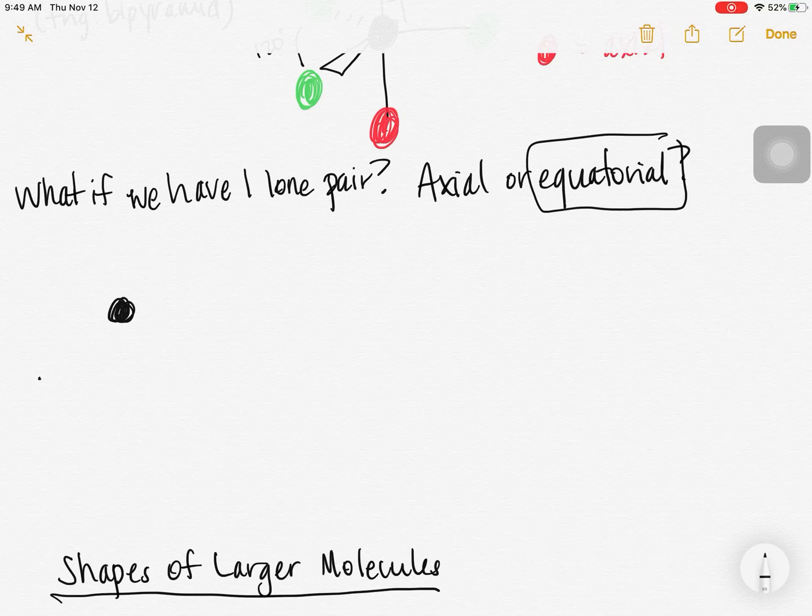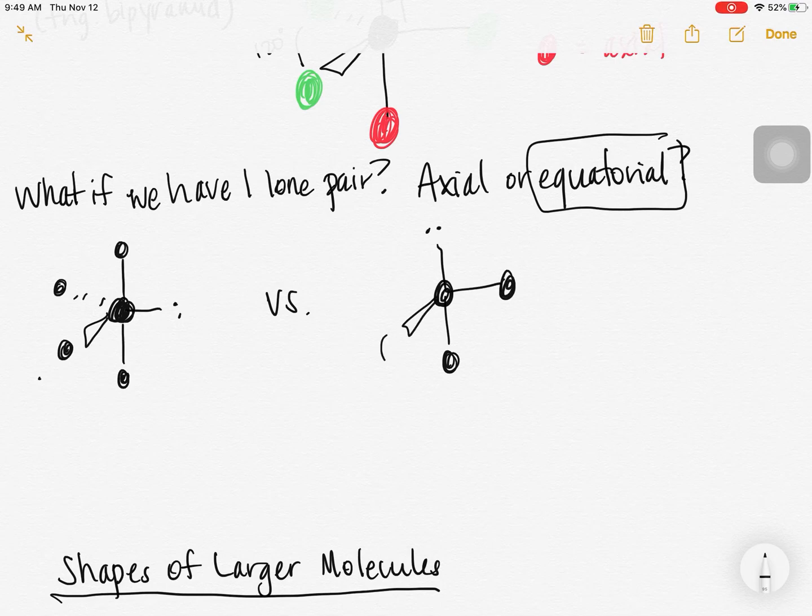If I redraw my picture with my lone pair in the equatorial position, versus if I redraw my picture with my lone pair in an axial position, we're going to hope that this helps to clarify why the lone pair goes where it does.